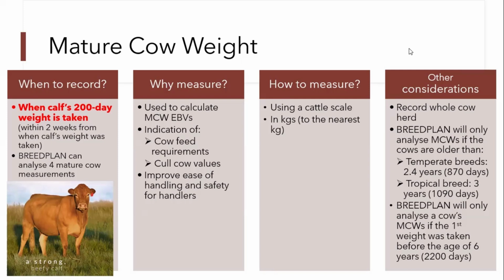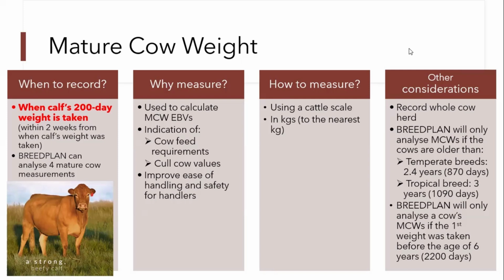So normally your smaller cows are more efficient, and as an opposite to that, normally your bigger cows will have better cull values as they weigh more. So again, mature cow weight might be one that you would like to keep moderate.